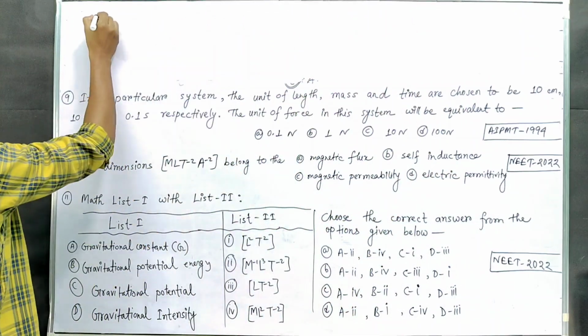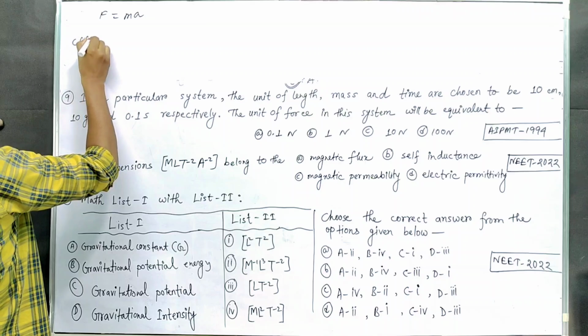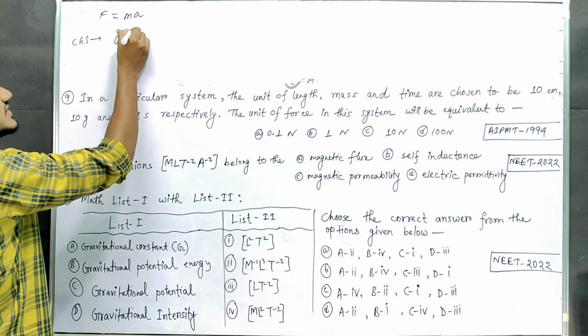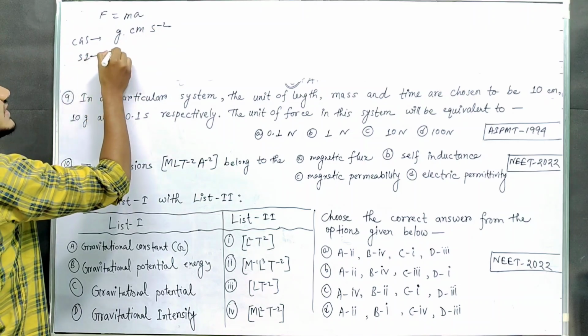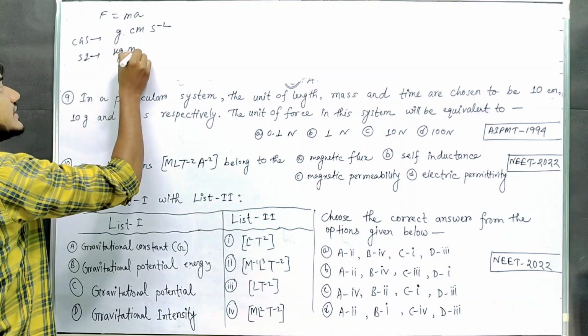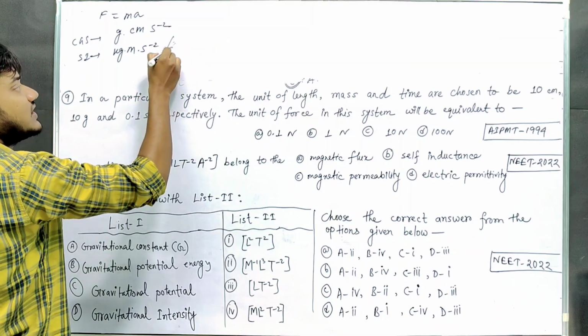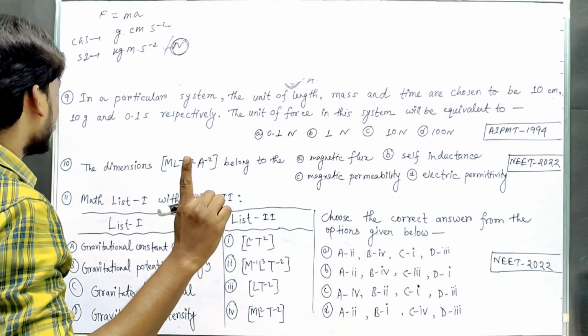We know F equals ma. The CGS unit will be gram cm second inverse 2, and the SI unit is kilogram meter second inverse 2. What do we call this? Newton. Okay.